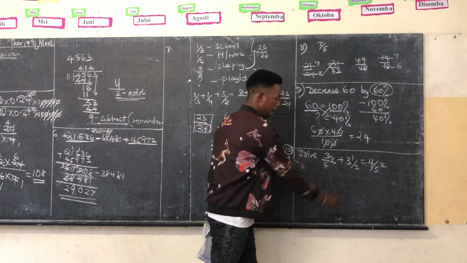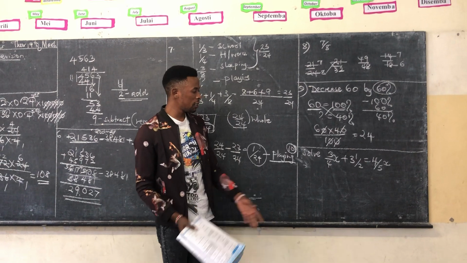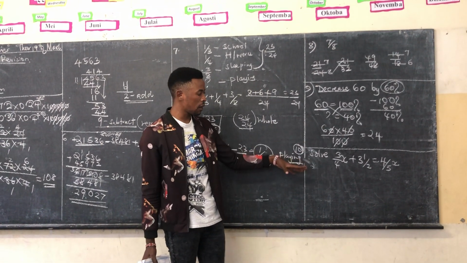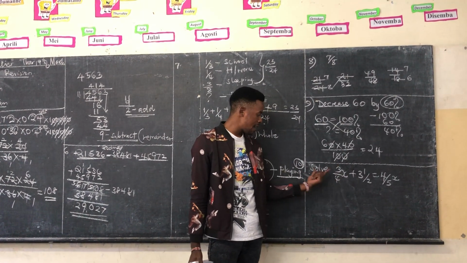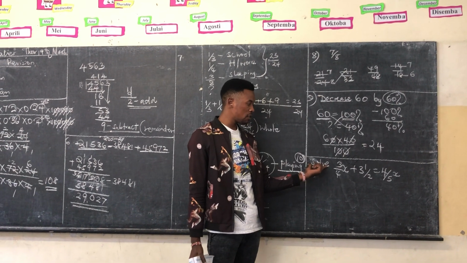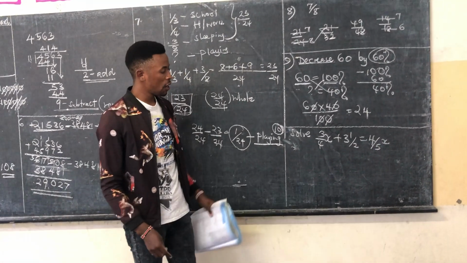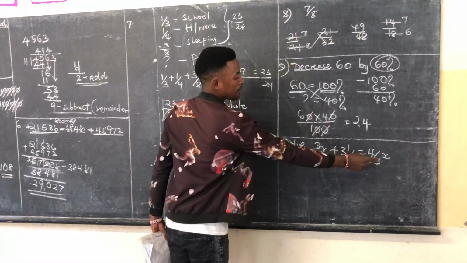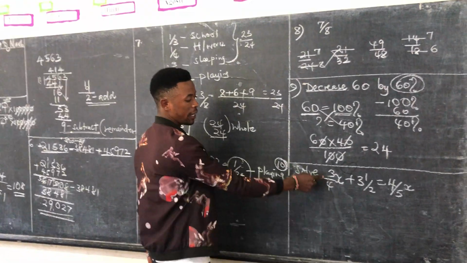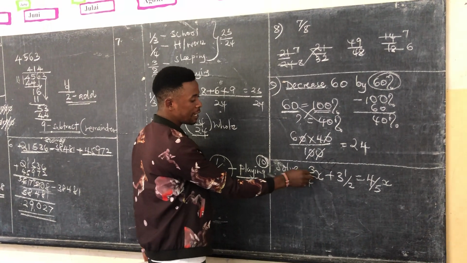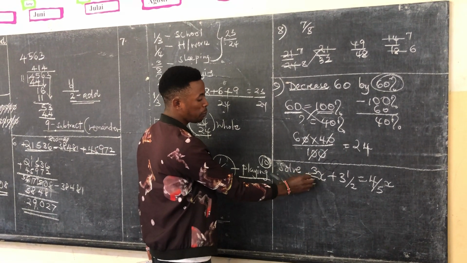This is algebra. And when you talk of algebra, it involves putting the like terms together. Here you're solving, that means you're finding the value of x. So the first thing is you're supposed to put the x's together. So we connect the like terms together. This is 3/4 x, which is positive.